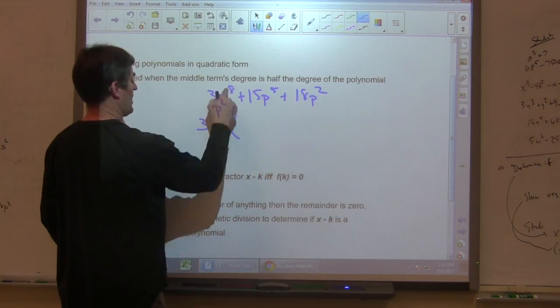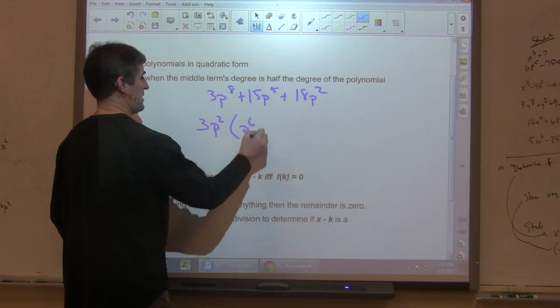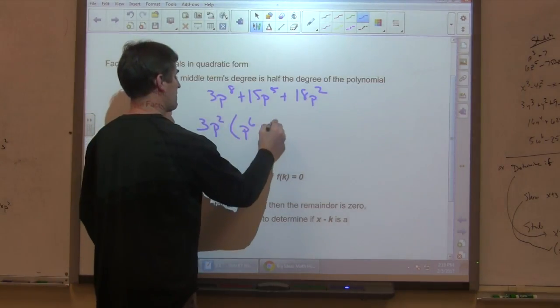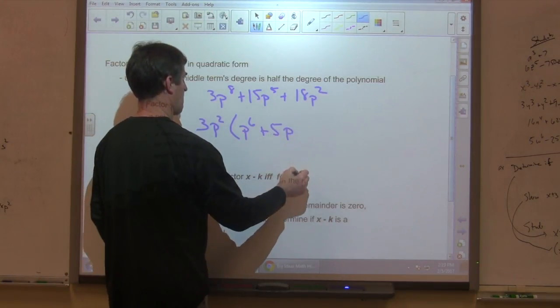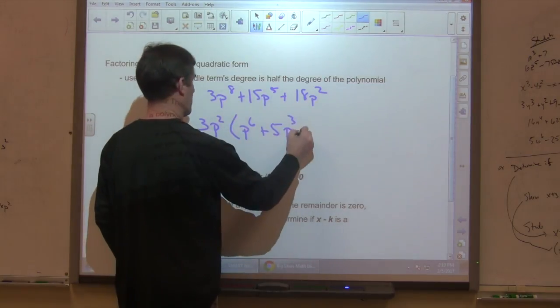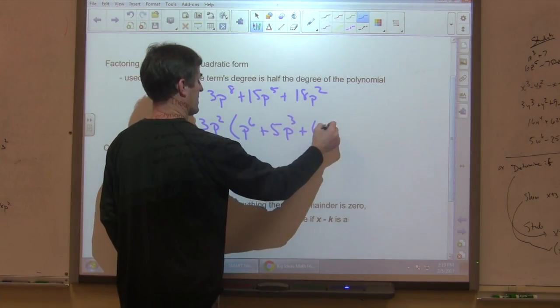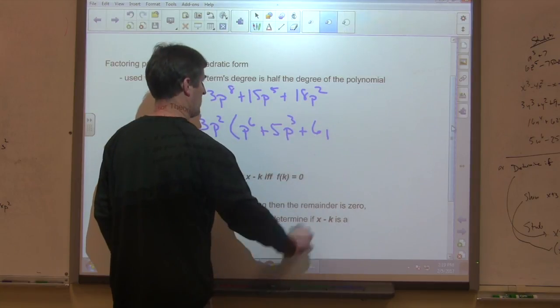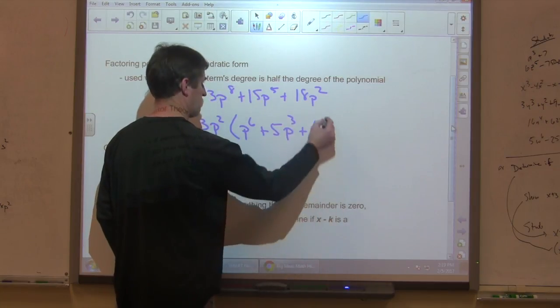And so to get from here to here, I need p to the 6th, plus 3 to get to 15 is 5p to the 3rd, because we have 2 p's, we need 5, plus 6, and we have the p squared, so that would just be it.